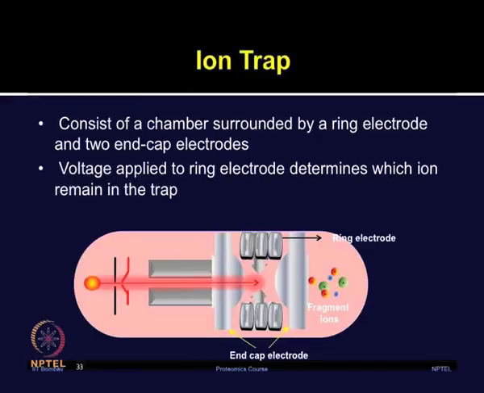The voltage applied to the ring electrode determines which ions remain inside the trap. So, ions above a threshold of m by z ratio remain inside the trap and others can be ejected through a small hole.